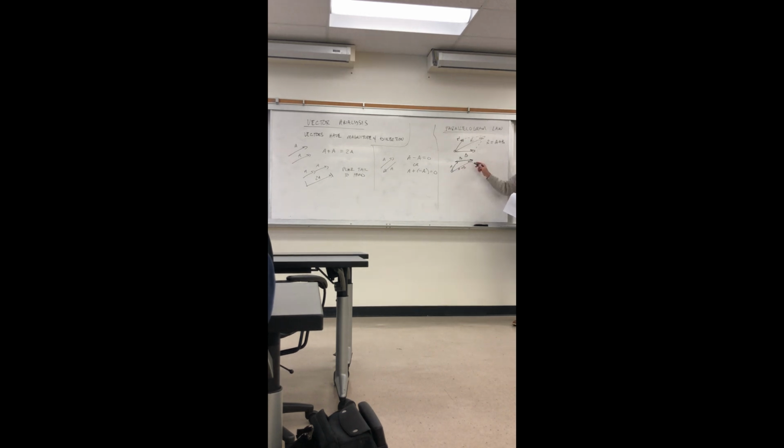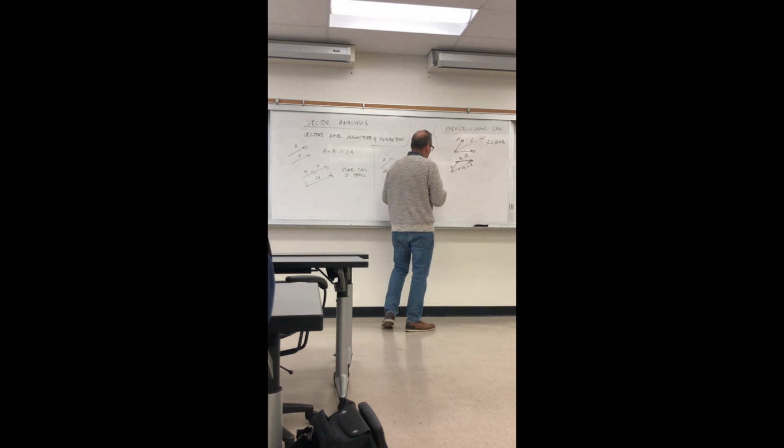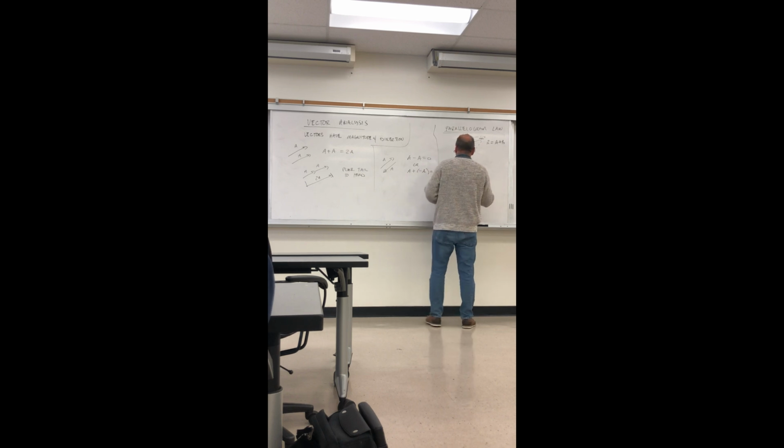We just replace this with A plus B, and that equals the resultant. And it's not just for two vectors, we can do this with multiple vectors. We also have the commutative law.